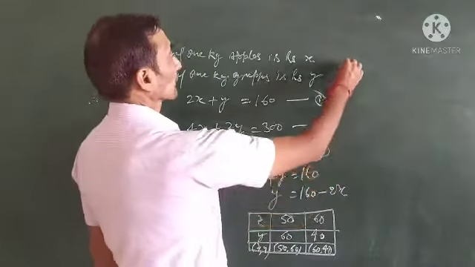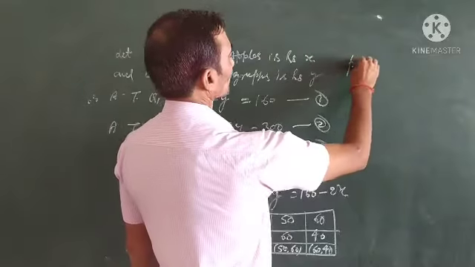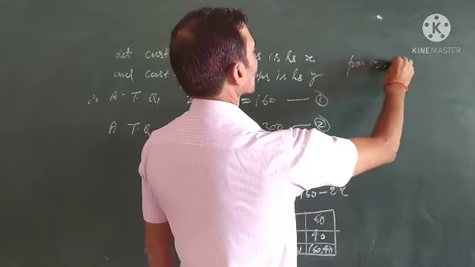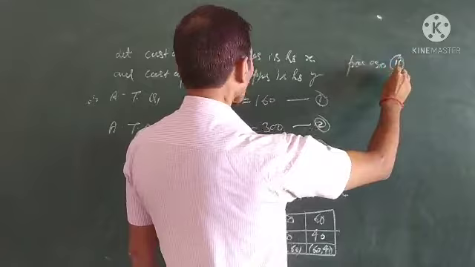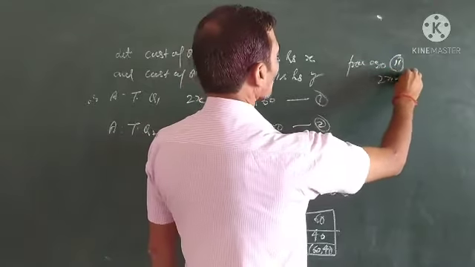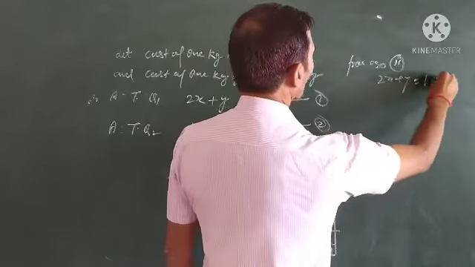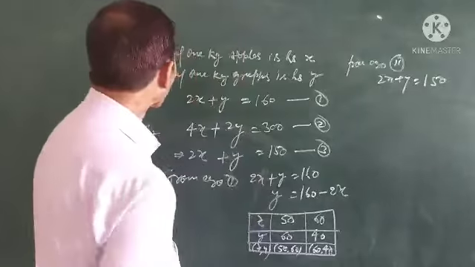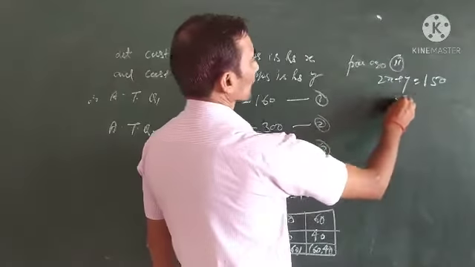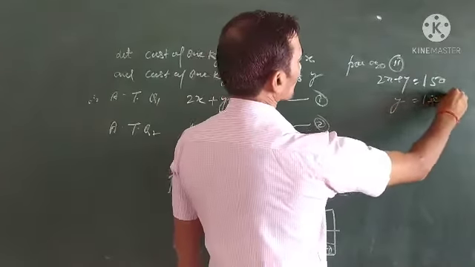Now, from equation number second, 2x plus y equal to 150. Therefore, y equal to 150 minus 2x.